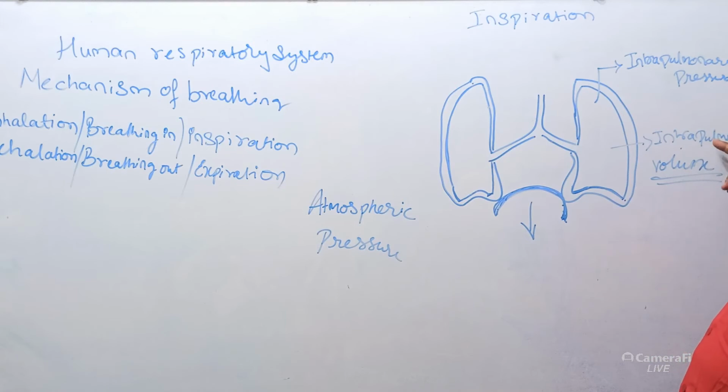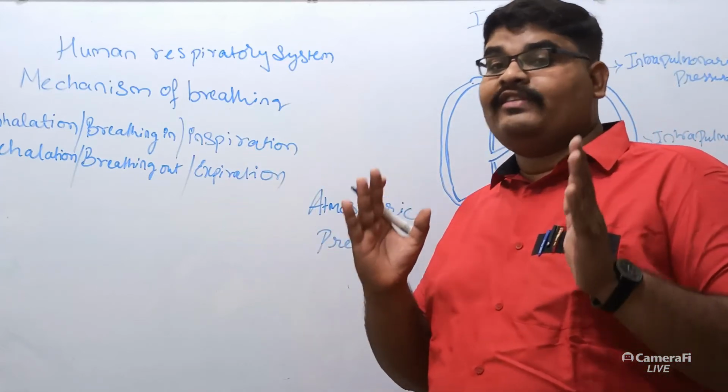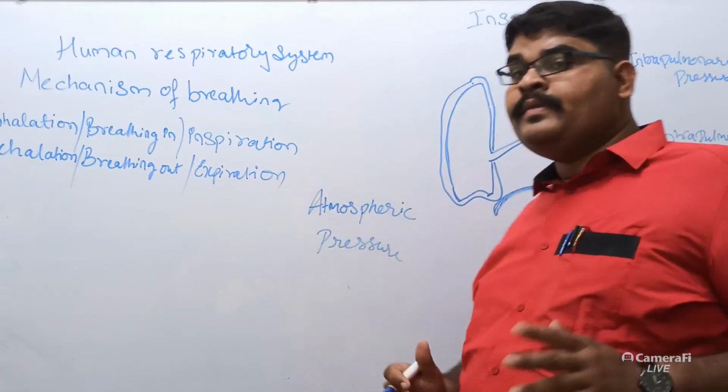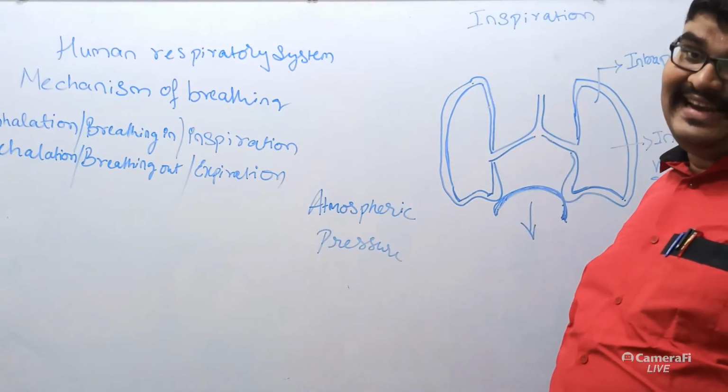Due to the increase in volume, there is a decrease in intrapulmonary pressure. When the intrapulmonary volume increases, the space inside the lungs becomes more, and the air pressure inside the lungs is far less.